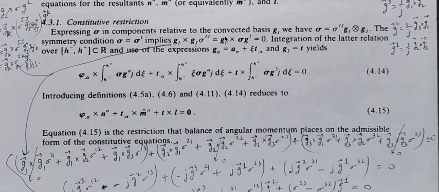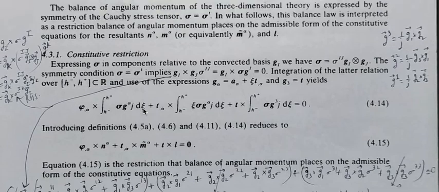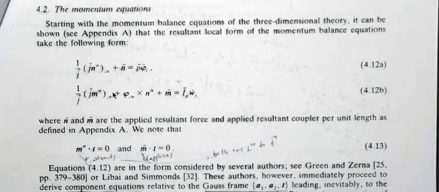Considering this one as the statement of balance of angular momentum, and using g_alpha equal to a_alpha plus zeta t_,alpha and g_3 equal to t, we get this. In this form we see the expressions which we just derived of n^alpha, m tilde^alpha and l. Please note that here m tilde^alpha is appearing, not m^alpha which was appearing in the momentum equation.